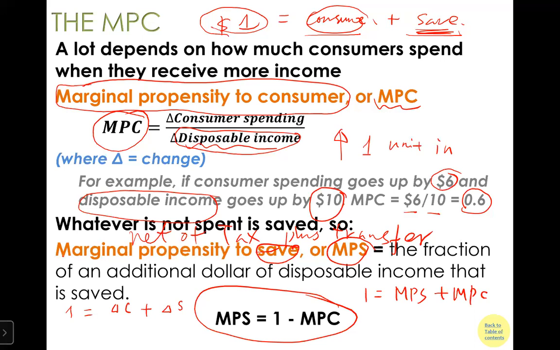Now if we divide both sides by this same $1, which is your change in your income, immediately we see the left-hand side is 1, and this delta C divided by 1, actually this is your change in your disposable income. That's called delta Y, okay? And 1, this also is the change in your income, delta Y. So immediately we are going to get this equation.